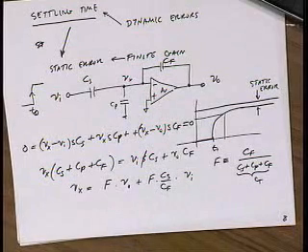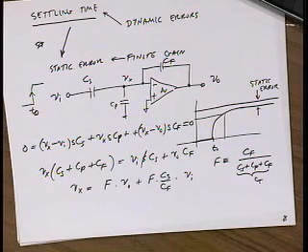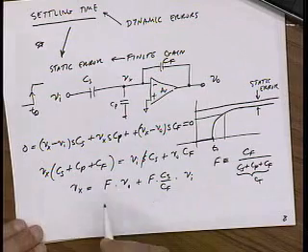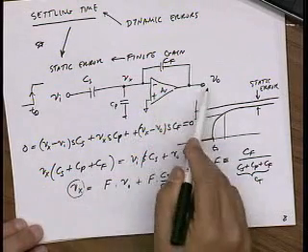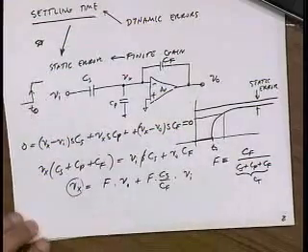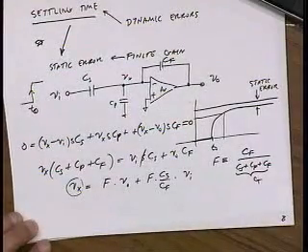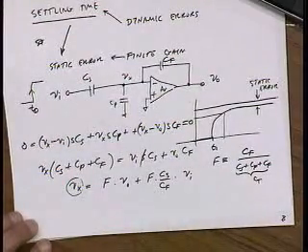Okay. Questions? Pretty clear? Good. Well, if this is a high gain amplifier, what's Vx? Well, if it's very high gain, it's 0, right?